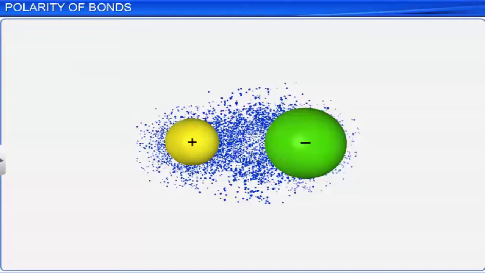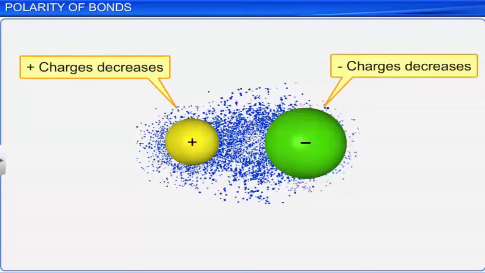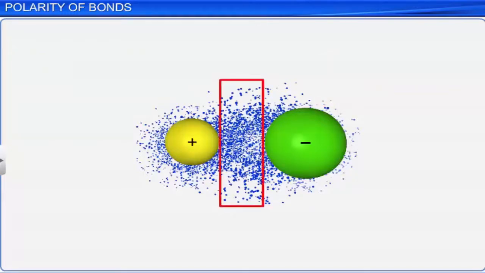As a result of polarization and polarizability, the positive and negative charges decrease on the cation and anion. This means that the electronic charge becomes more concentrated between the two bonded atoms and is responsible for the development of a covalent character in ionic compounds.